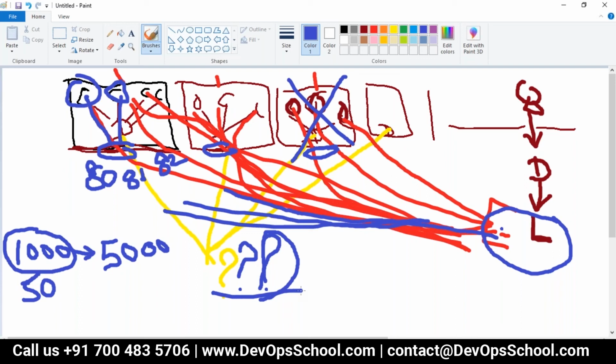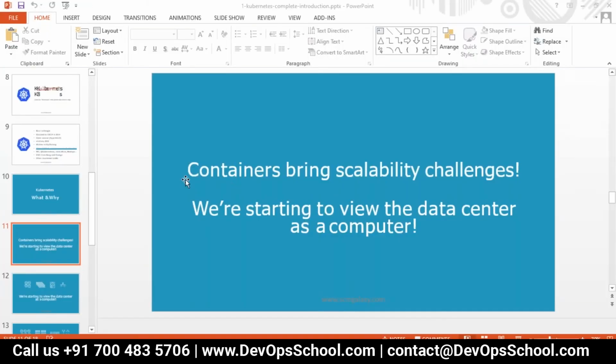No health issues. So guys, in short, do we have any such capability with Docker? No, Docker cannot do that. You have gone through all the functionality of Docker for the last 2.5 days. We did not find any such capability. So in short, guys, containers bring scalability challenges.